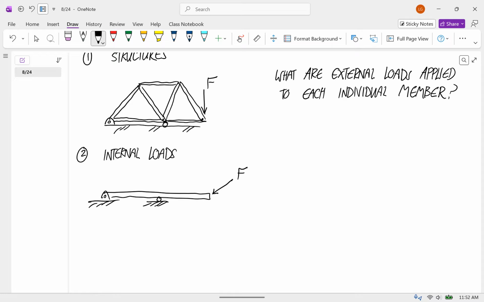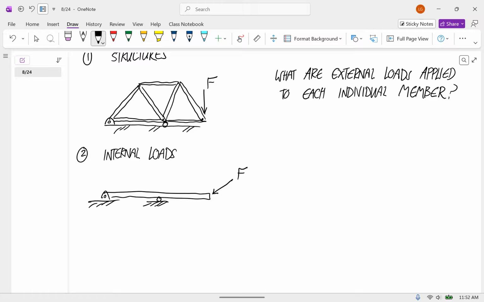What are the forces and couples, what are the loads experienced at a material point, say here inside the beam or here inside the beam? And what can those tell us about how likely this thing is to break? We're going to spend some time calculating those internal loads, and that's a necessary precursor to talking about stress and strain when you get to the deform class in the spring.